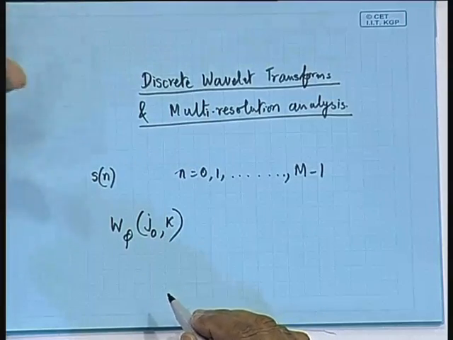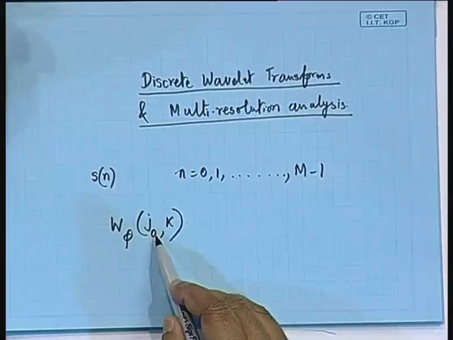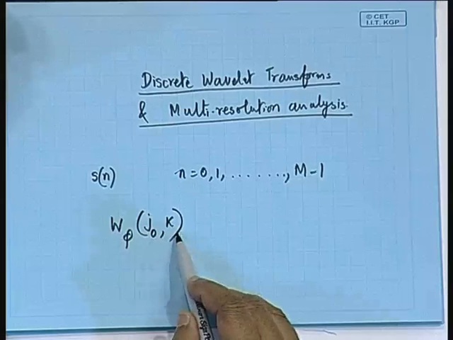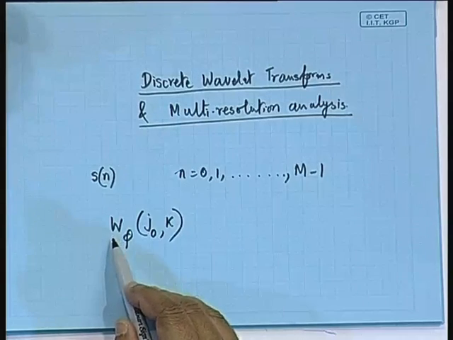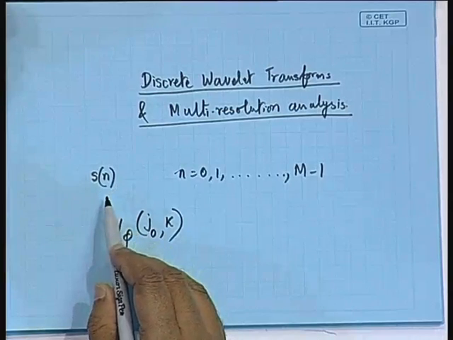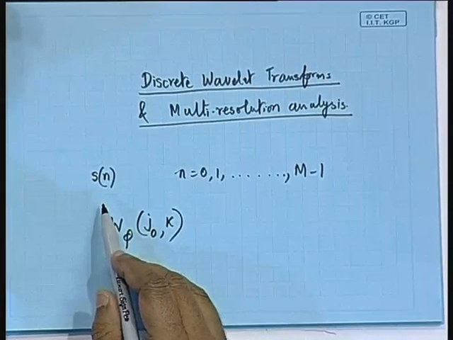So, be comfortable with the change of notation that I am applying in this lecture. j 0 is what our r 0 was and k is what our s was, and w is what our A was. Everything was in the continuous domain and S of n is what our f of x was.